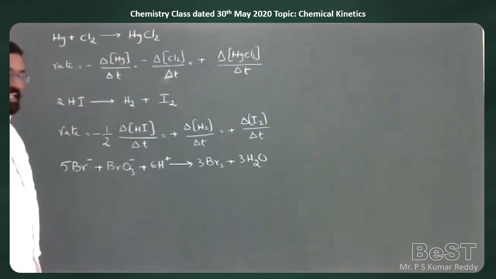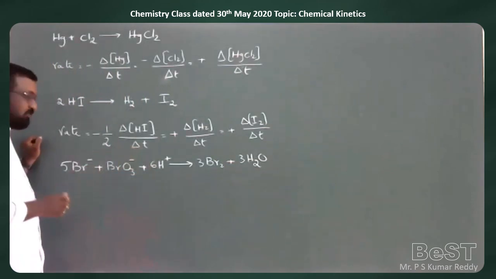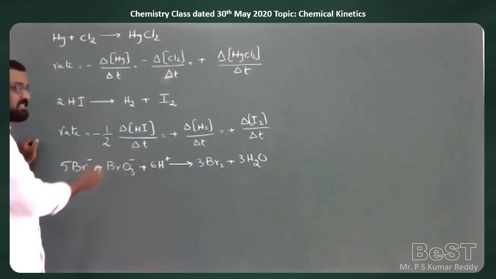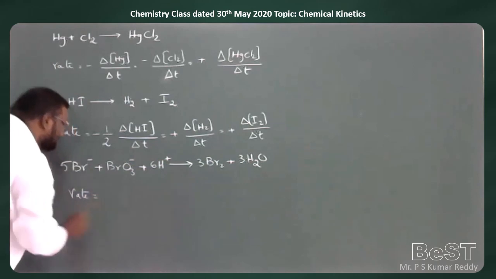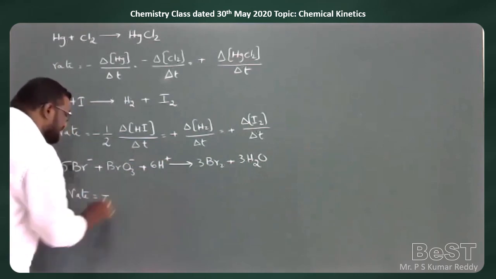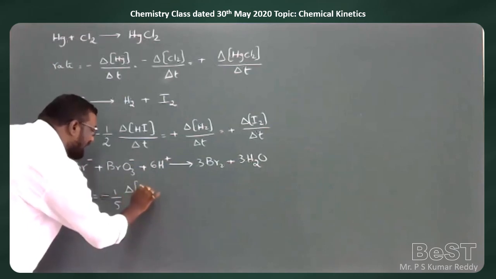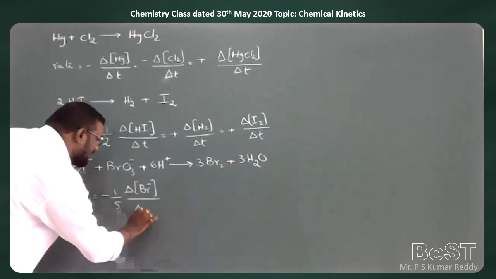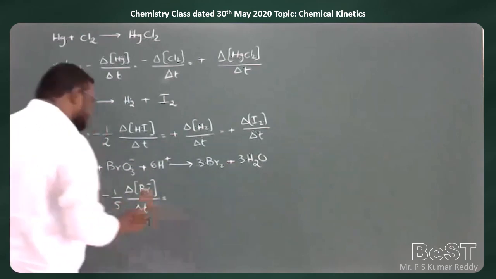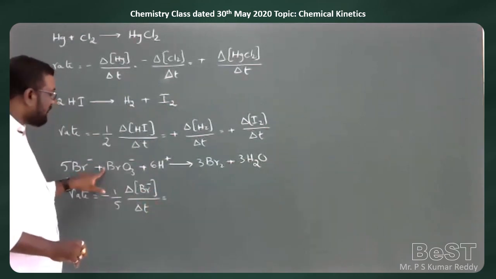So when such an equation is there, how are we going to relate the rates of various reactants and products in this equation? That is, rate is equal to minus 1 by 5 delta concentration of Br minus by delta T, equal to, here there is no stoichiometric coefficient, that is to say the stoichiometric coefficient is 1.